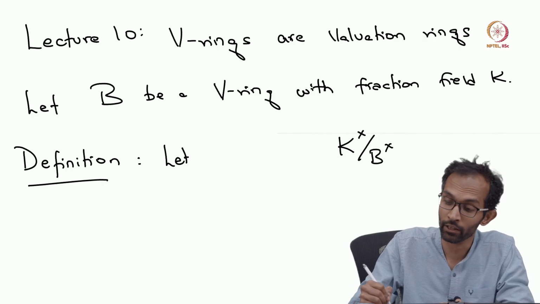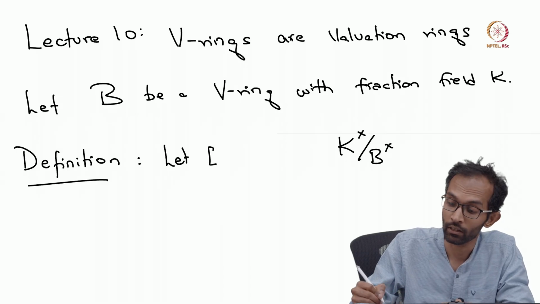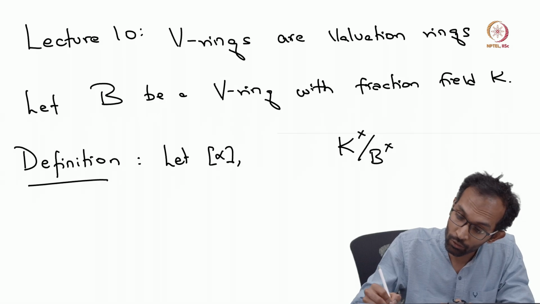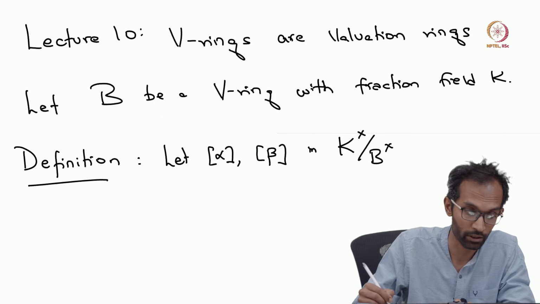So I want to take this abelian group and put a total order on it that is compatible with the group operation, which is multiplication. Take two coset representatives, square bracket alpha and square bracket beta, in K cross mod B cross.